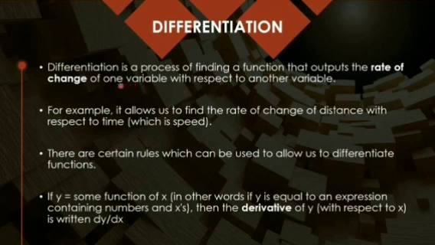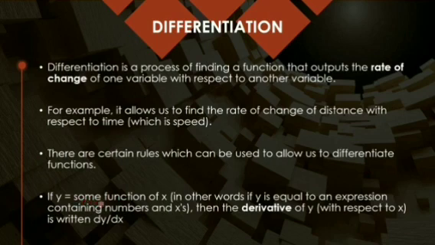If you want to find the rate of change of distance with respect to time at any instant, that is instantaneous speed. So wherever we have to find the slope, there we will be using this process of differentiation.